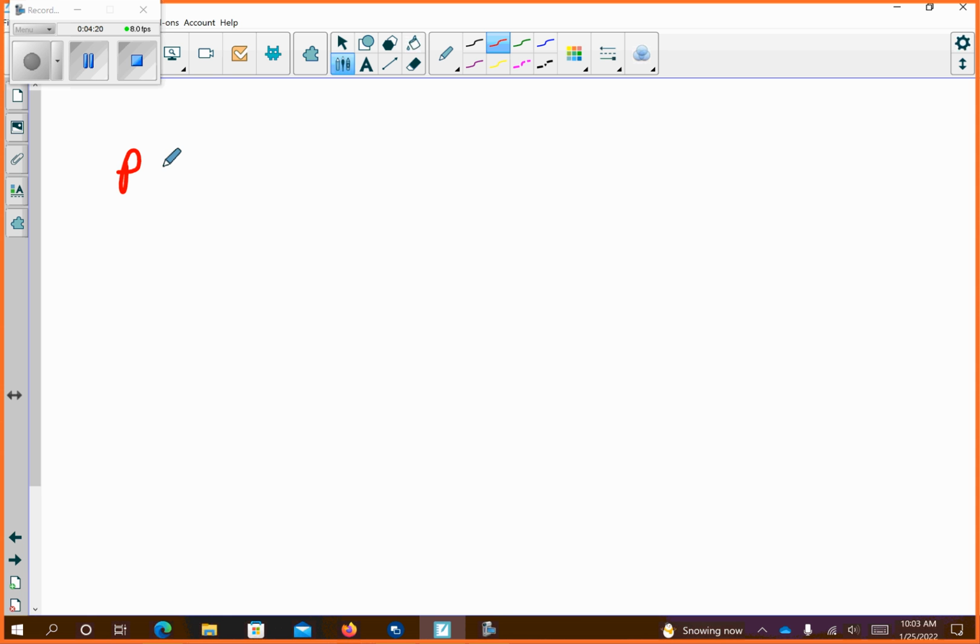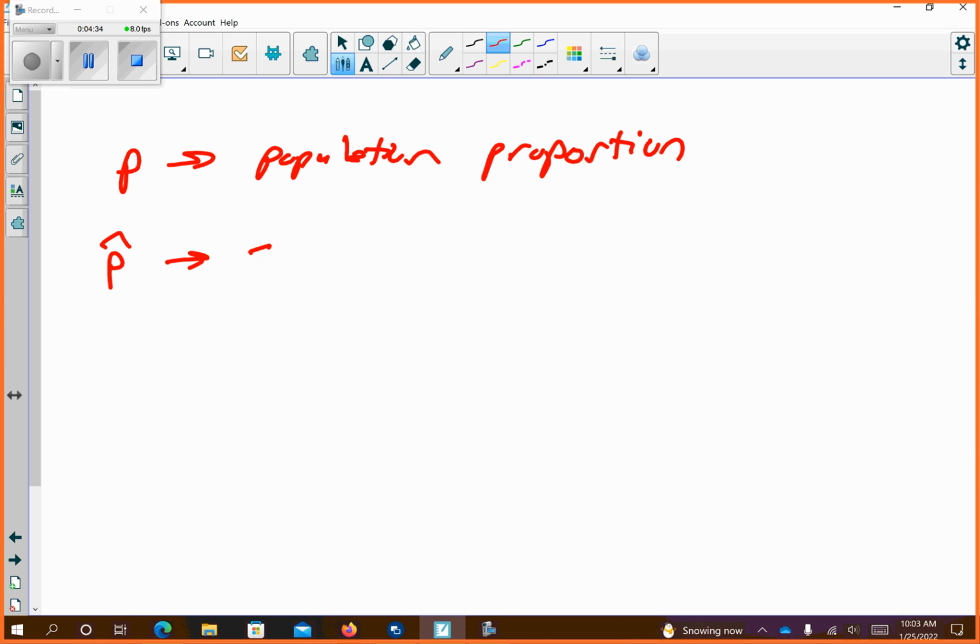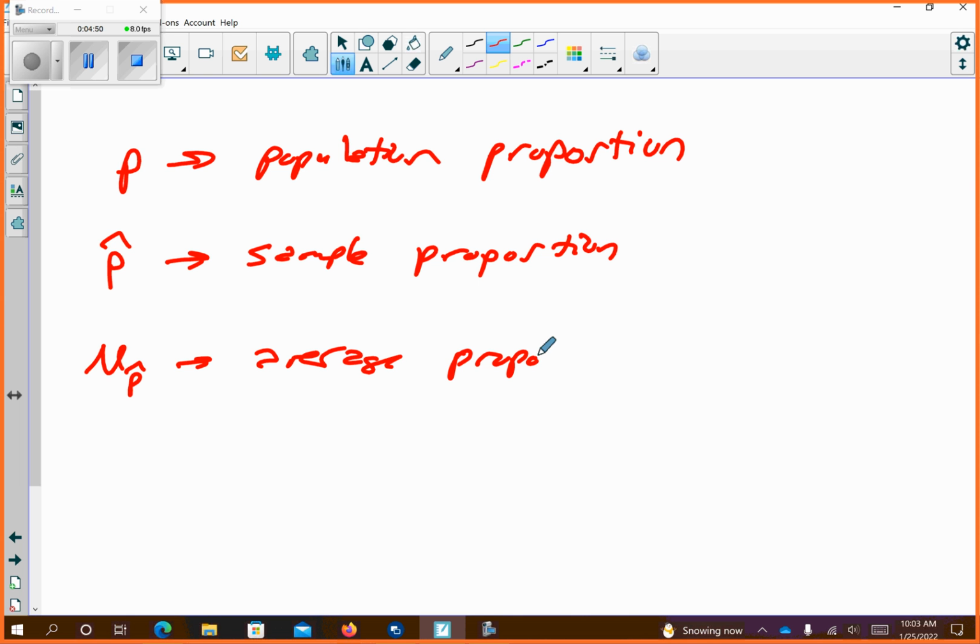Then we have the letter P. This is the population proportion. We have P hat, which is the sample proportion. And we have mu P hat. This is the average proportion of all samples.